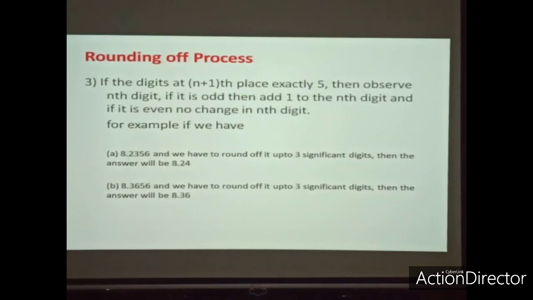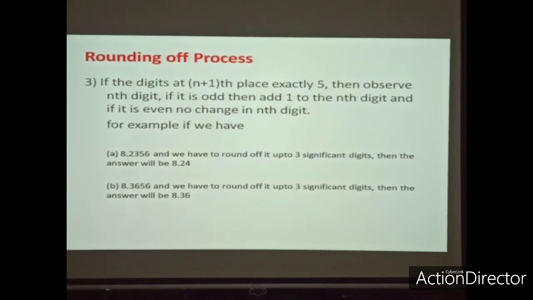And in the last one, if the digit at the n+1th place is exactly 5. There are 3 possible ways. Either the value of the n+1 place will be less than 5, more than 5, or exactly 5. So this is the last case when the place value of n+1 is exactly 5. Then we observe the n digit.